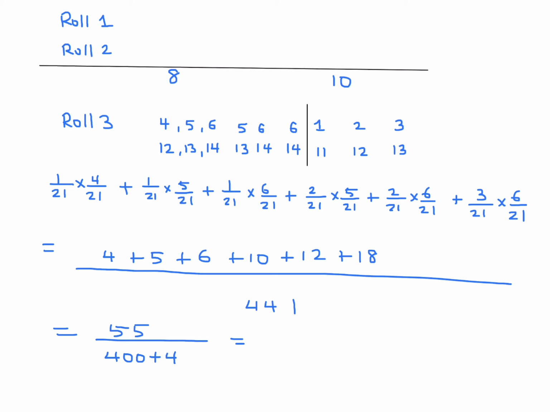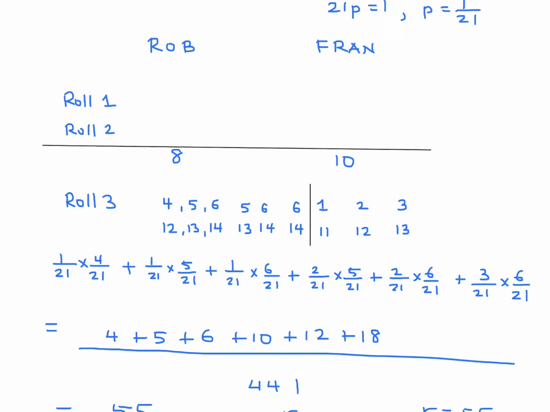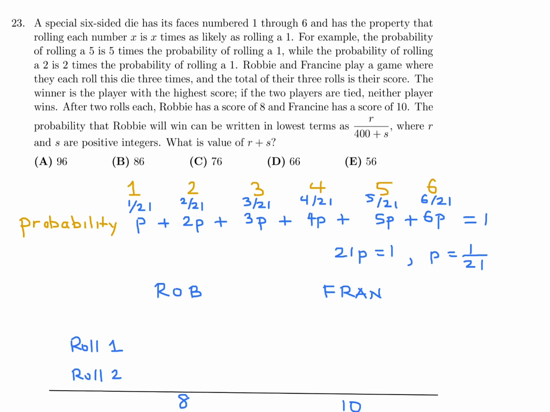Because they are saying for some reason that they want it in this form, r over 400 plus s. Okay? If that is the case, then r would be 55 and s would be 41. And r plus s is what they want. It would be 55 plus 41, which is 96. 96 is the answer to number 23, and that would be choice A.